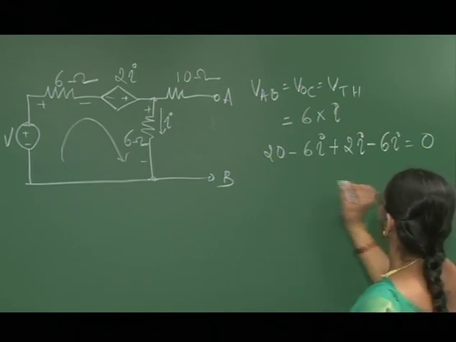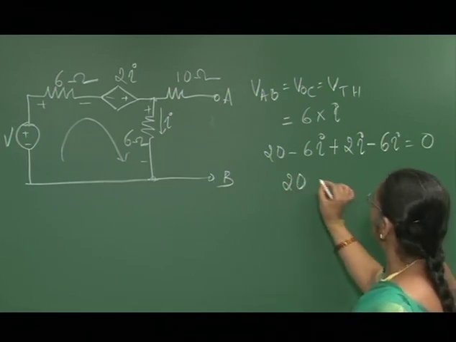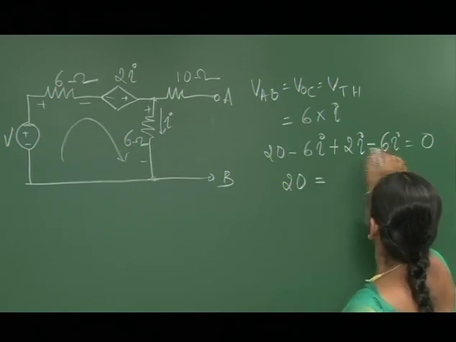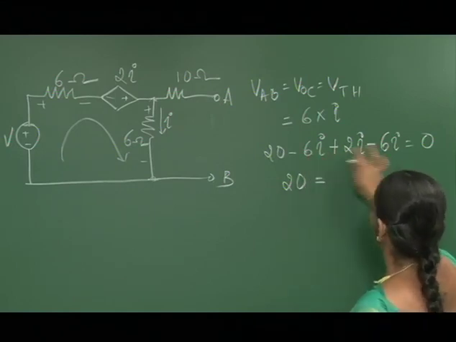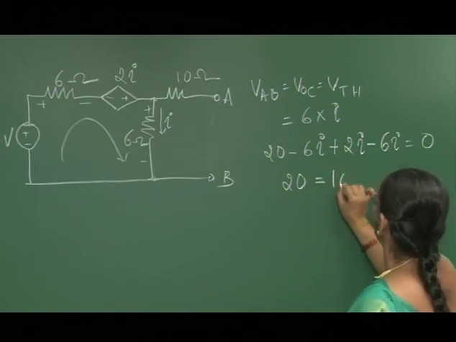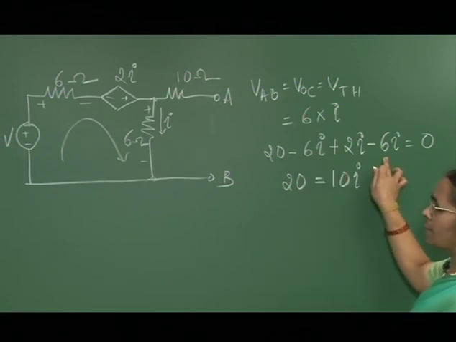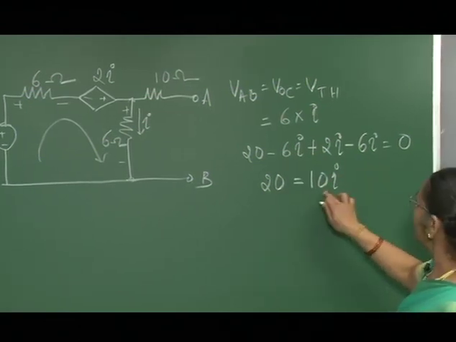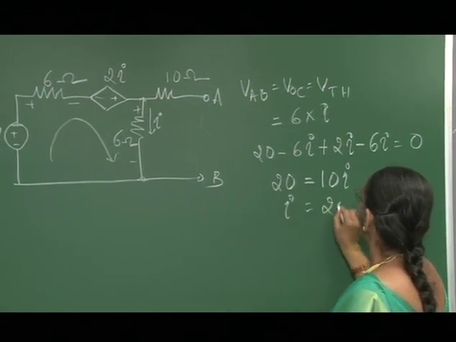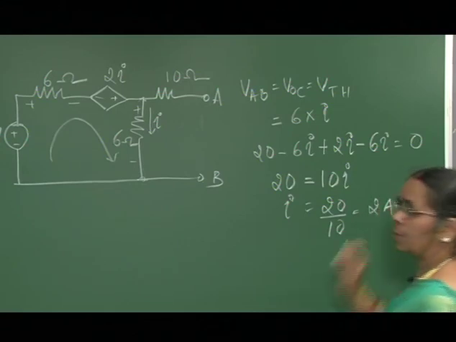So I can write the equation: 20 is equal to 6I minus 2I plus 6I, so 20 is equal to 10I, or I is equal to 20 by 10, which is equal to 2 amperes.